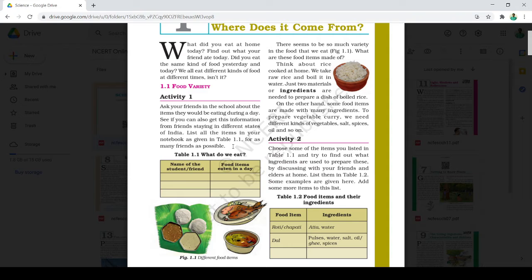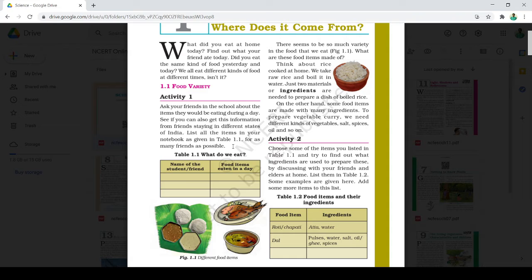So what does the table have? The table has two columns: name of the student or friend, and food items eaten in a day. So make two columns in your rough note or your notebook.